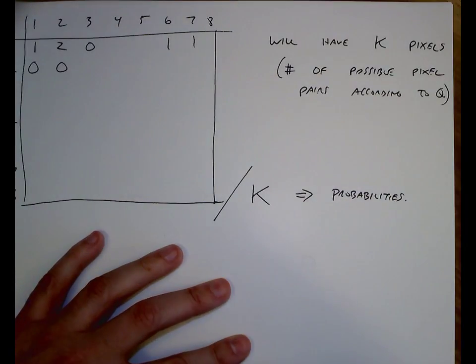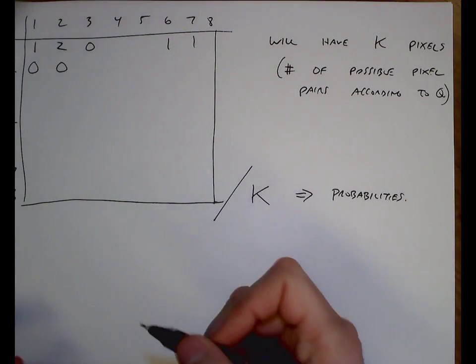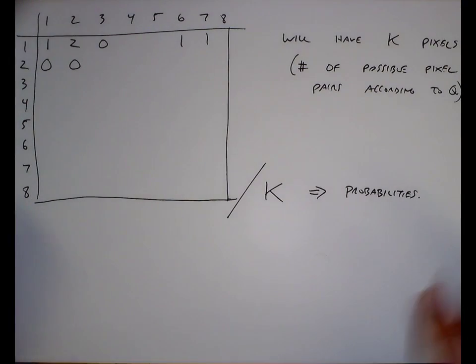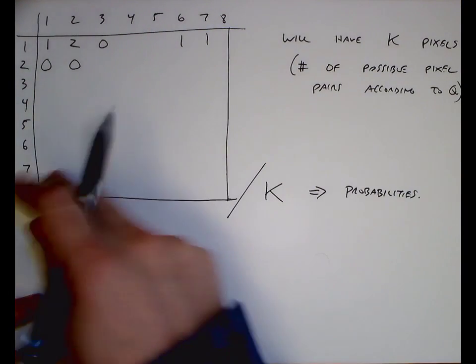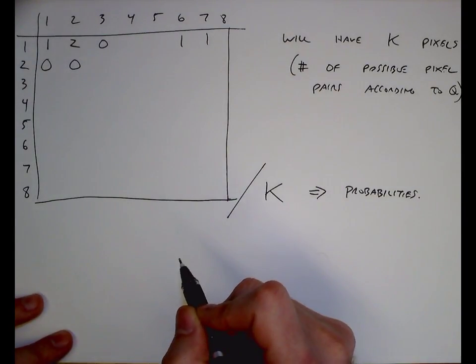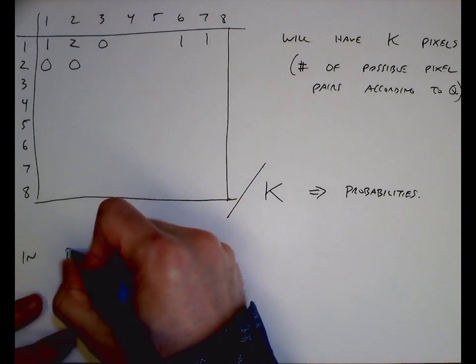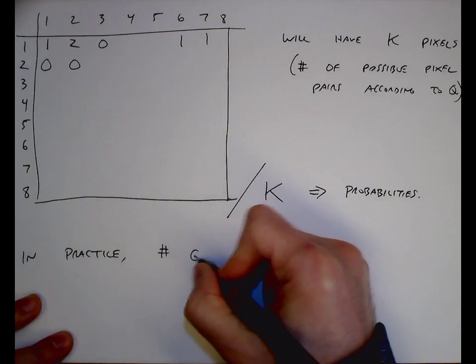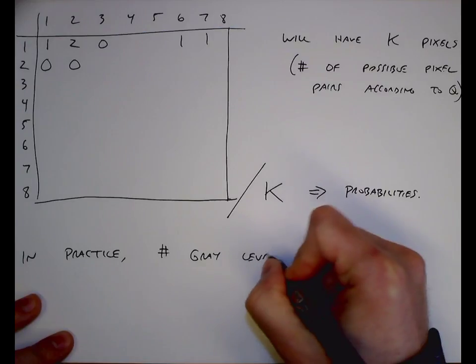Okay, so for example, in theory, for our normal kind of 8-bit image, I would have a 256 by 256 matrix, but in practice, that's not what people do. Usually, we quantize the number of gray levels in the image.